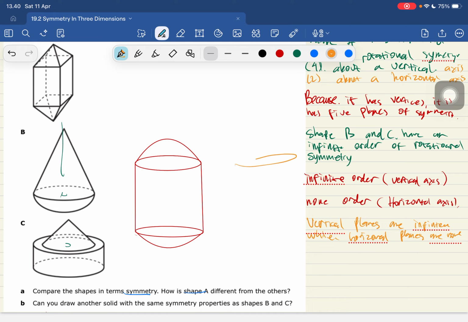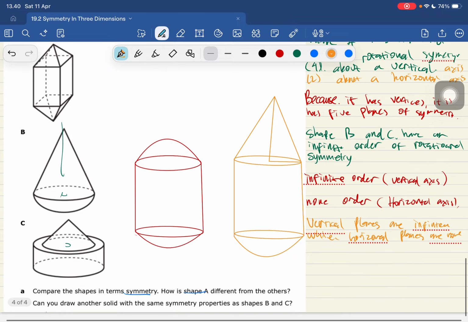One more example, let me make it for you. Okay, the bases are circles. So let's say this is a cone, and it is half of a sphere.